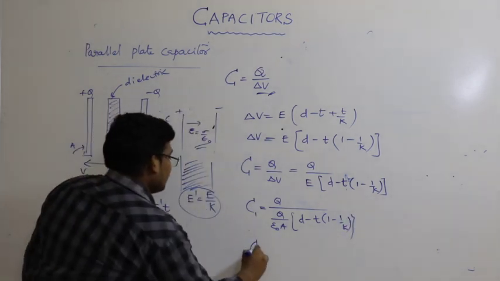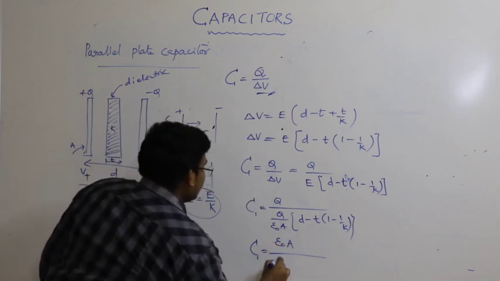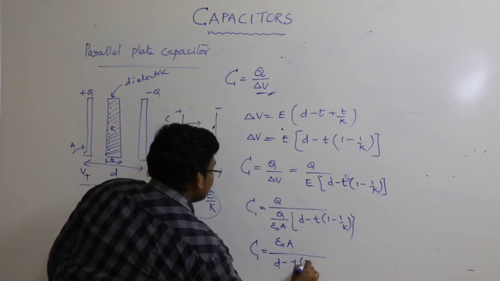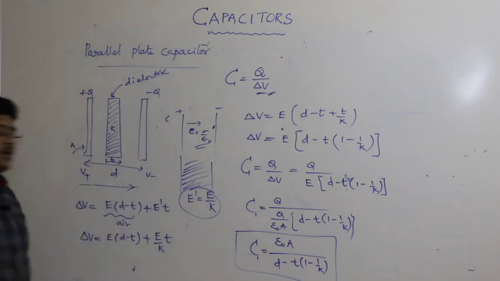Now what is C? We got epsilon naught A going up, then D minus T into 1 minus 1 by K. This is the formula.